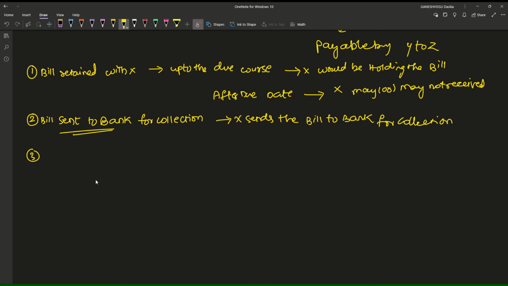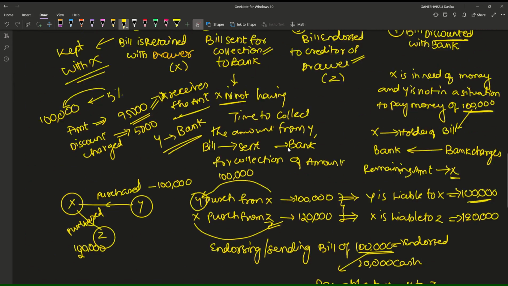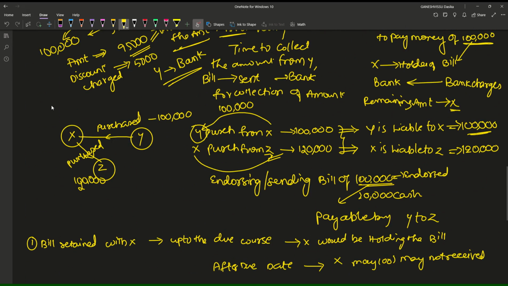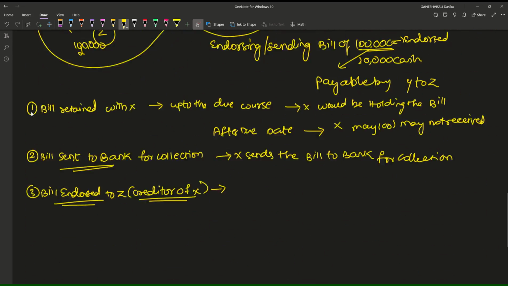The third situation is bill endorsed to Z, who is creditor of X. If we have this situation, then we should imagine the diagram we have drawn here.